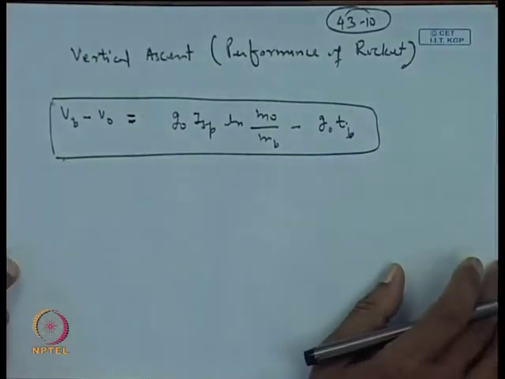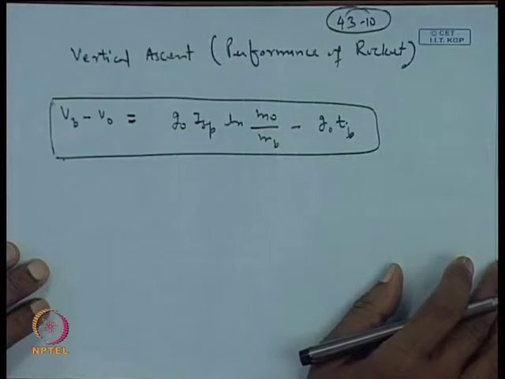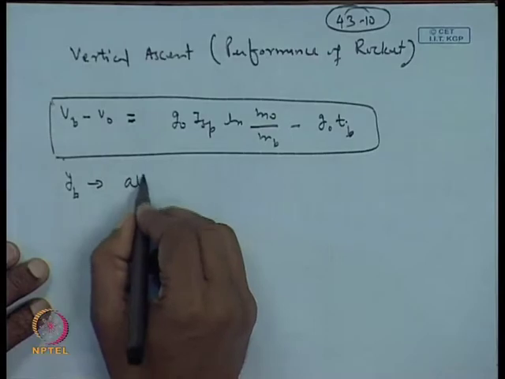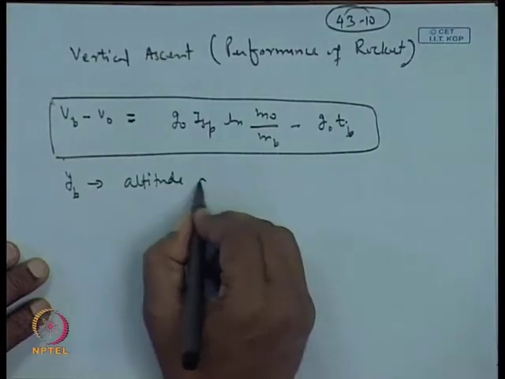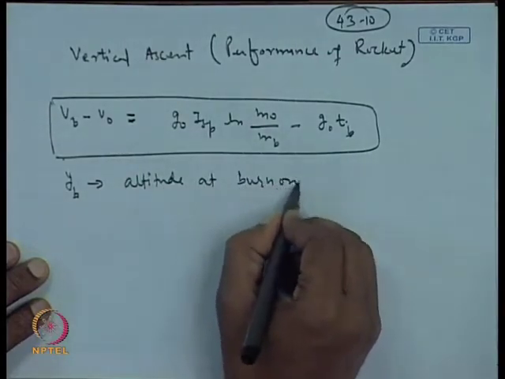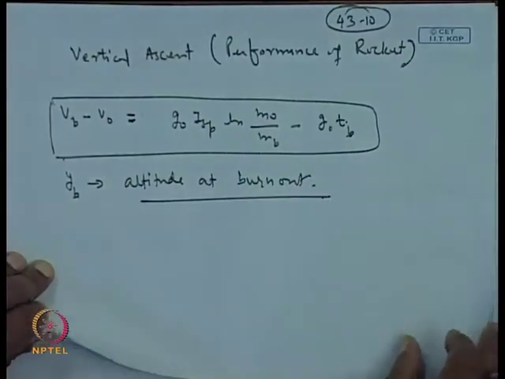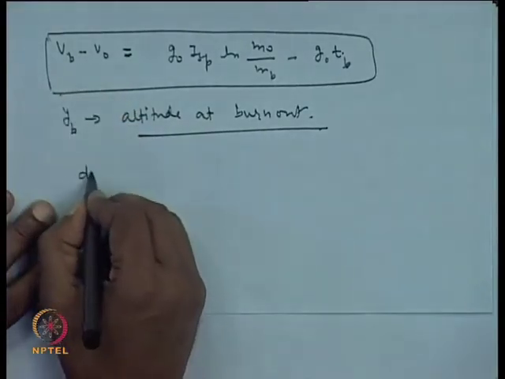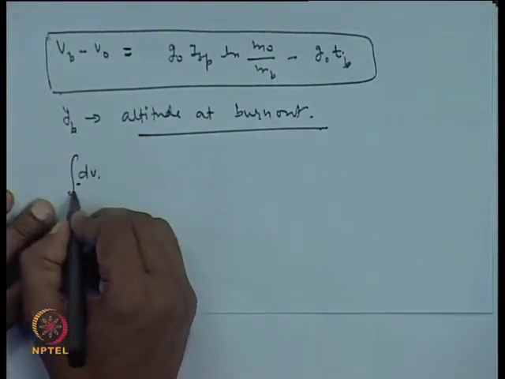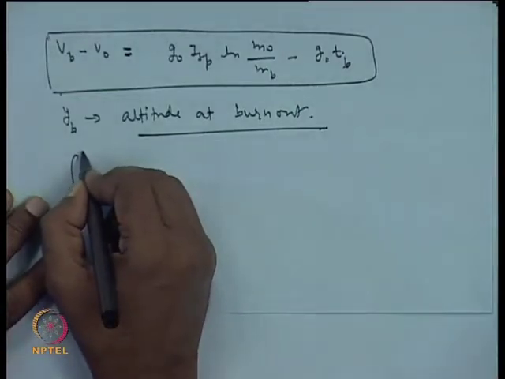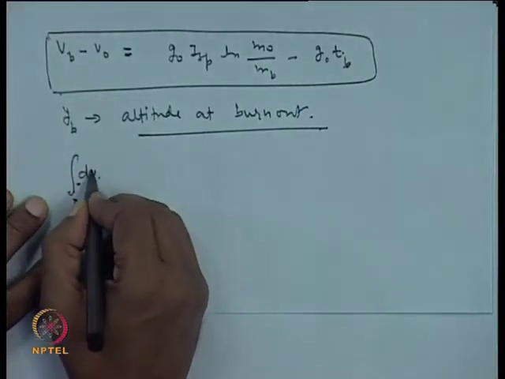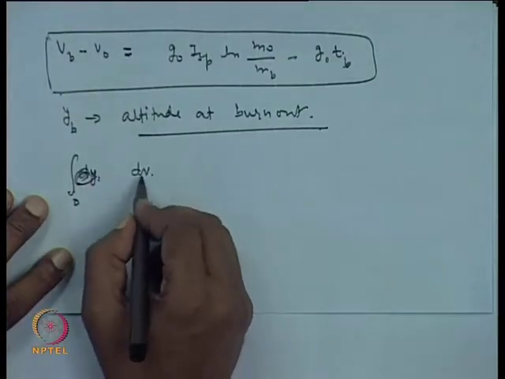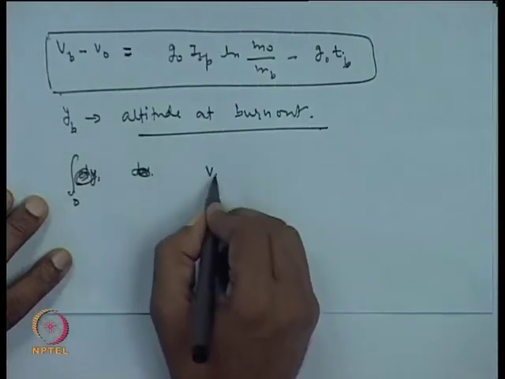Okay, once we integrate it once more, we get the y b, the altitude at burnout. So, this dV by dt, we integrate this. V is given to us.